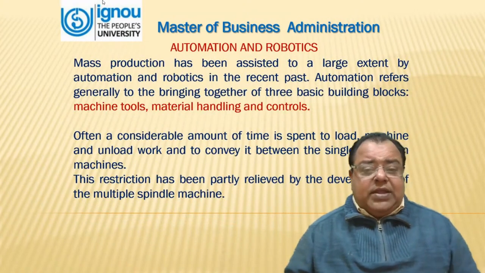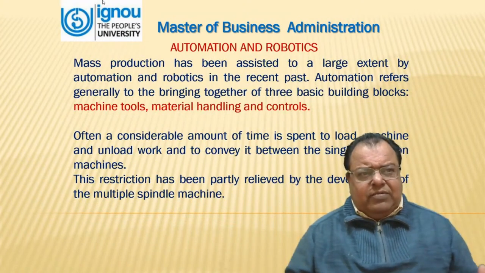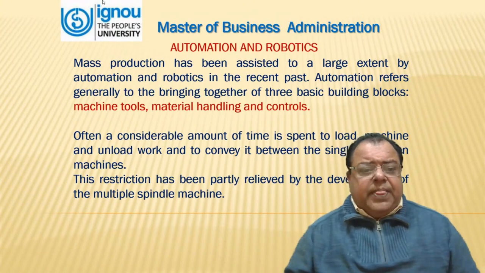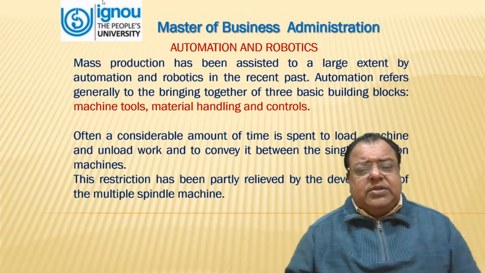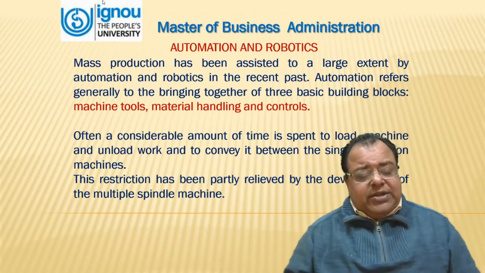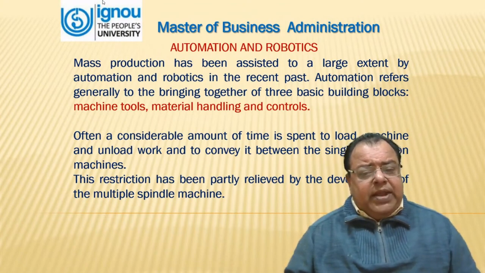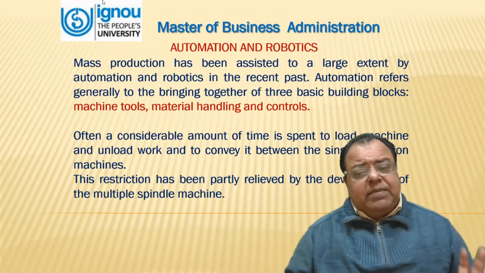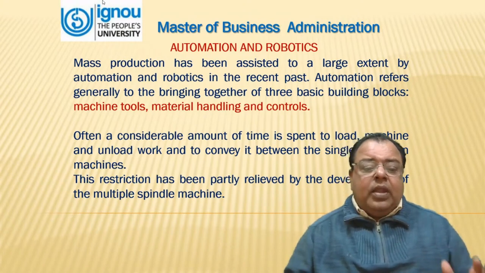Then, as we have said, we have to take help of automation in mass production. Mass production has been assisted to a large extent by automation and robotics in the recent past. Automation refers generally to the bringing together of three basic building blocks: machine tools, material handling, and controls.